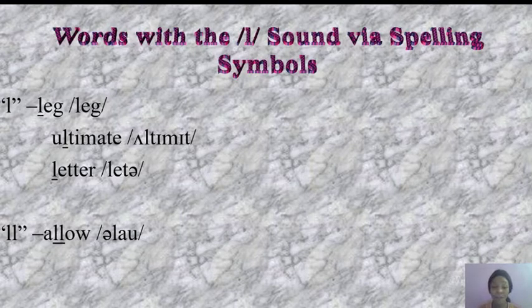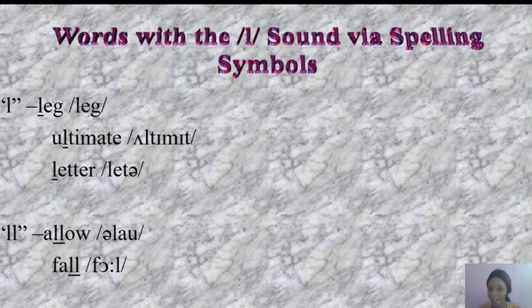We have the word allow, A-L-L-O-W, allow. The double L is actually pronounced as L. Now let's look at other words. We have here fall, like to fall to the ground.